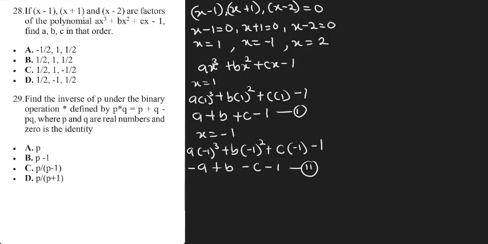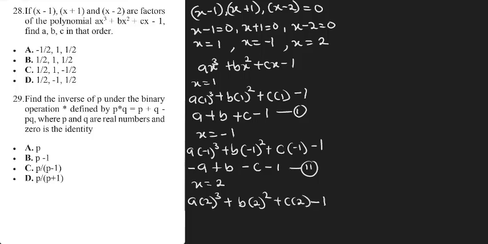So the next one is when x is equal to 2, right? So we're going to say x is now equal to 2. We're going to have a into 2 raised to power 3 plus b into 2 raised to power 2 plus c into 2 minus 1, right?